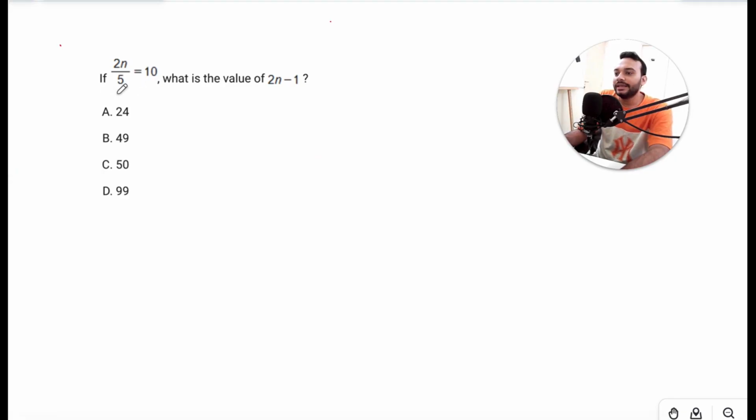If 2n over 5 is equal to 10, what is the value of 2n minus 1? That's a good question. So first of all, what we can do is we can figure out the value of n. To do that, 2n over 5 is equal to 10. First of all, multiply both sides with a 5 to get rid of the 5 on the left hand side.